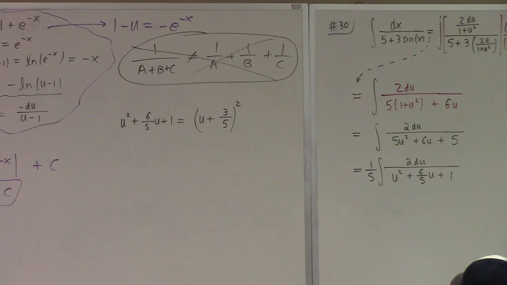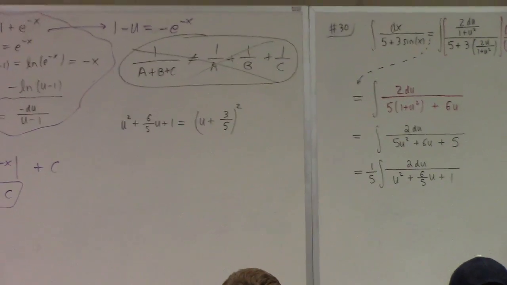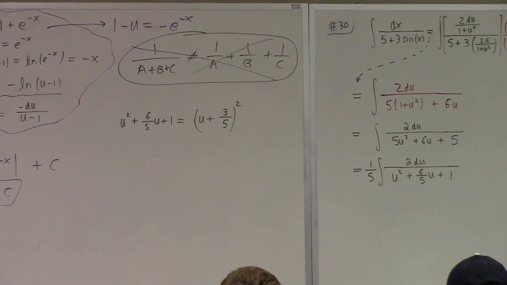I'm completing this square. I took half of the middle term and I added it to u. Squared it. That effectively adds 9/25. But I only had 1 to start with, right? So I have to subtract 9/25 from 1 to be fair. In other words, I have to subtract 9/25 from 25/25, AKA 16/25. Woohoo!